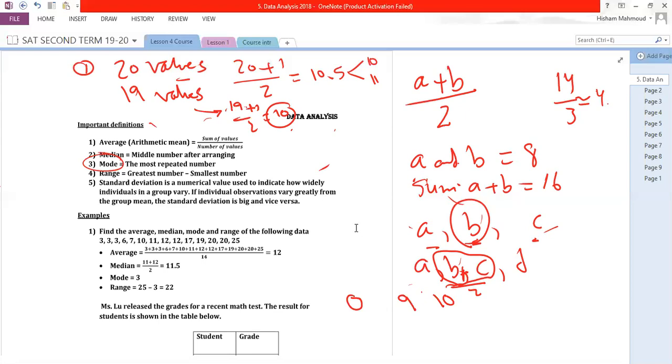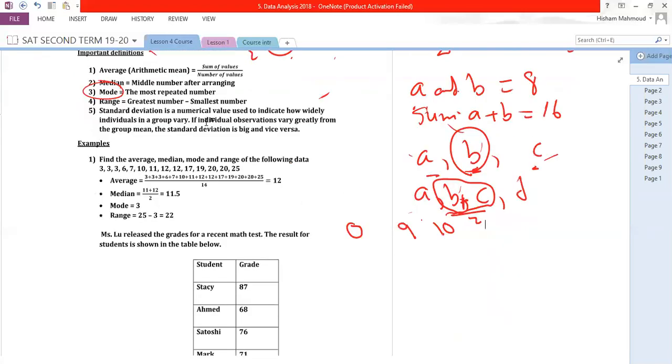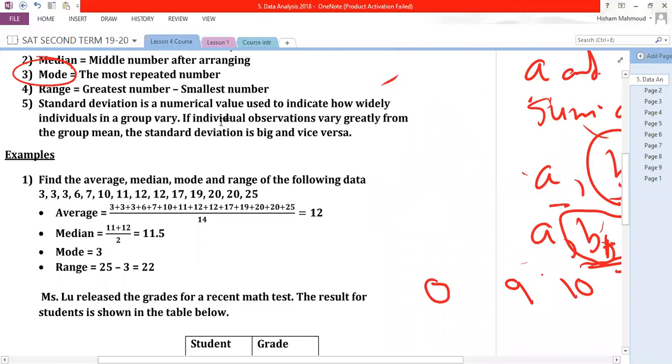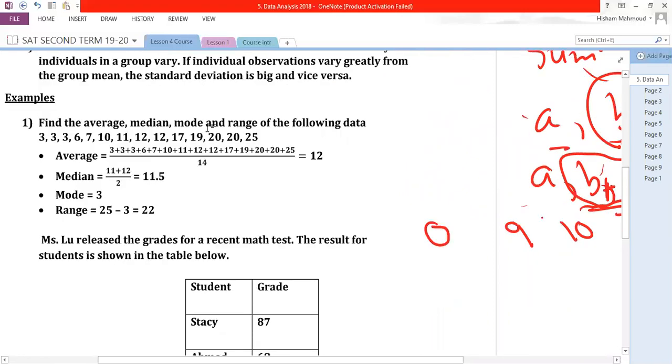We have here an example with numbers in front of us. Example: find the average, median, mode, and range of the following data. Let's count them. 3, 3, 3, 6, 9, 6, 7, 10, 11, 12, 12, 17, 19, 20, 20, and 25.